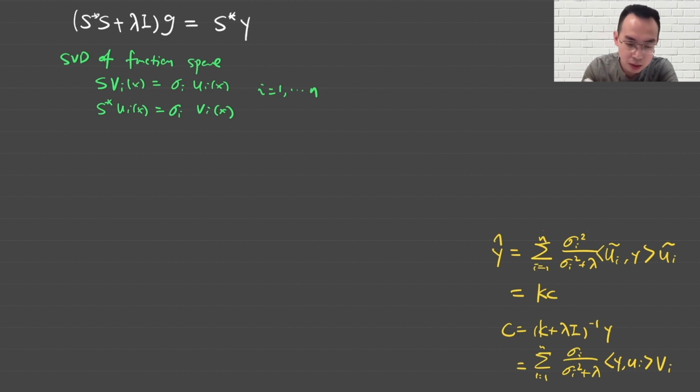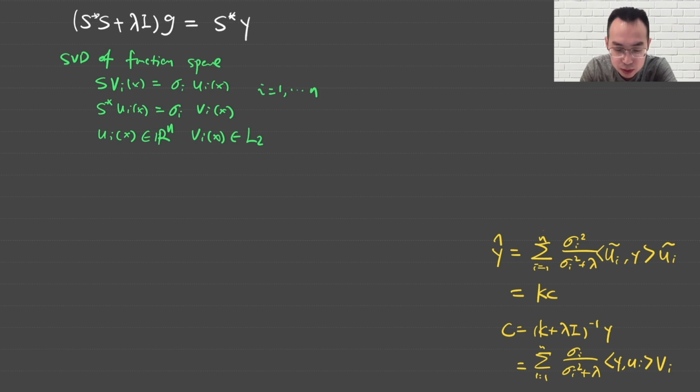I should also say that u_i(x) lives in R^n, so it's an n-dimensional vector, and v_i(x) are functions that live in L2. But there are only n functions, so that's the rank of this operator.